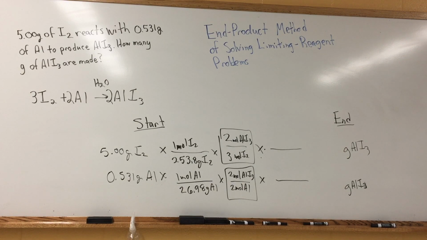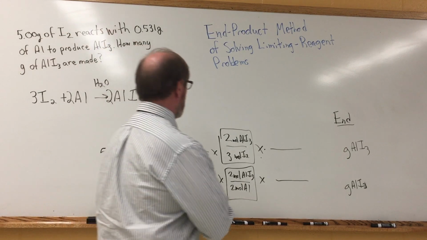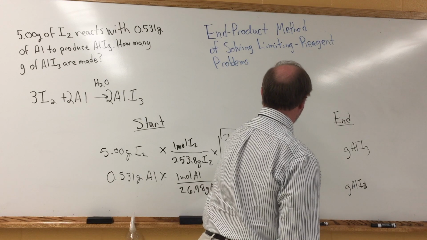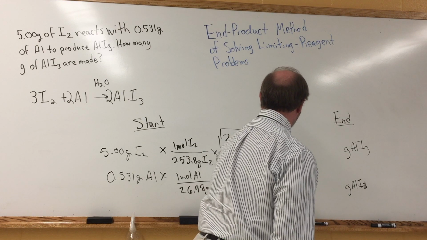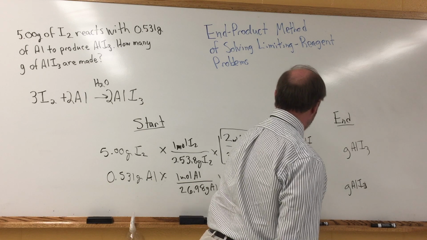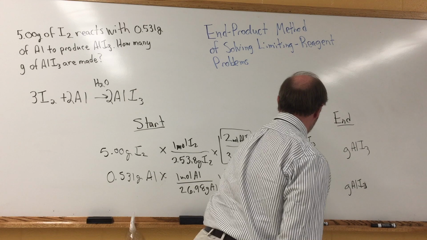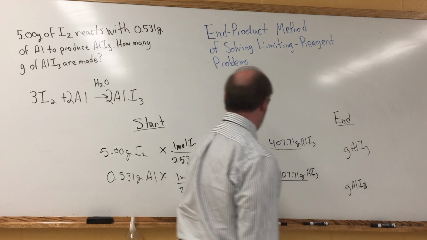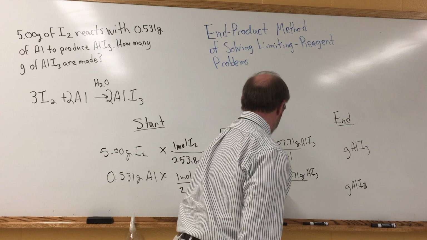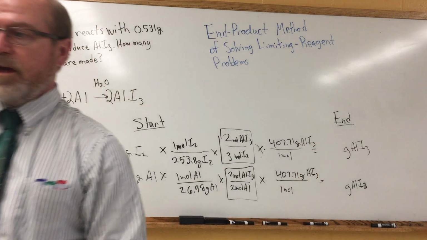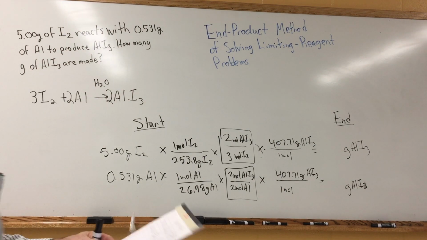Molar mass of aluminum iodide is 407.71. So 407.71 grams will be on top for both, of aluminum iodide, per 1 mole. Okay. And then all we have to do is solve it.